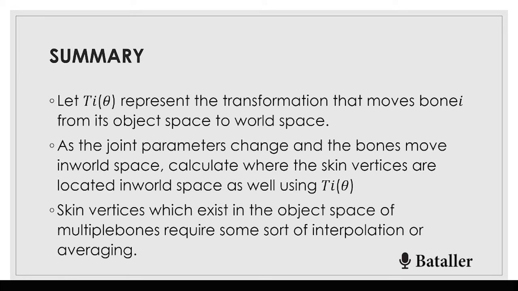Skin vertices which exist in the object space of multiple bones require some sort of interpolation or averaging. Meaning, if you have multiple bones influencing the skin, you may use interpolation or averaging.